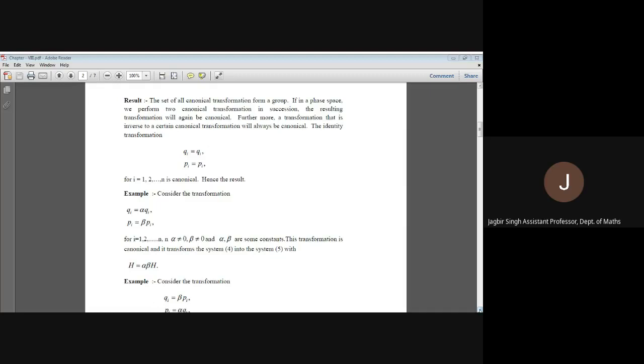Alpha is cancelled from both sides, so we have dqi/dt equal to ∂H/∂pi. It means the previous canonical equations. So this mapping is a canonical transformation.